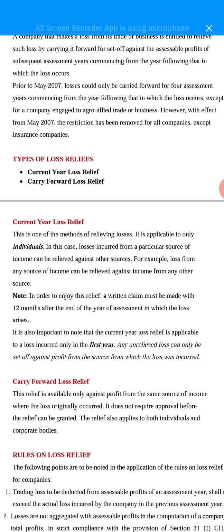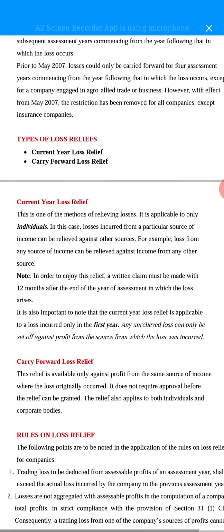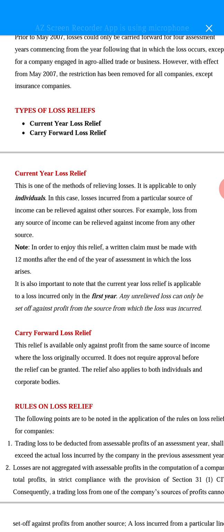Now we'll be looking at types of loss relief. We have current year loss relief and carry forward loss relief. Current year loss relief is applicable to individuals. In this case, losses incurred from a particular source of income can be relieved against other sources. For example, loss from any source of income can be relieved against income from any other source.